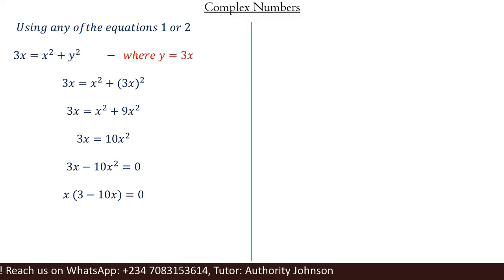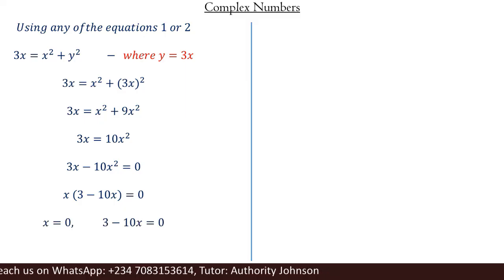So meaning that x is equal to 0, and then this inside bracket, which is 3 minus 10x, is also equal to 0. Now let's take this minus 10x to the other side. Now we have 3 is equal to 10x. Remember, we are looking for x.